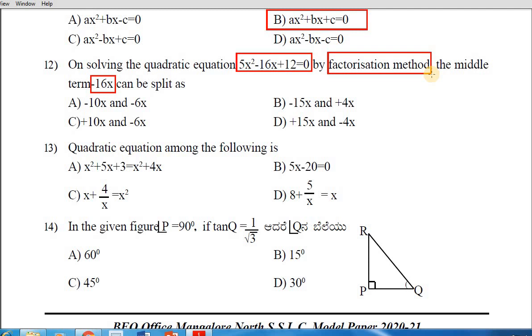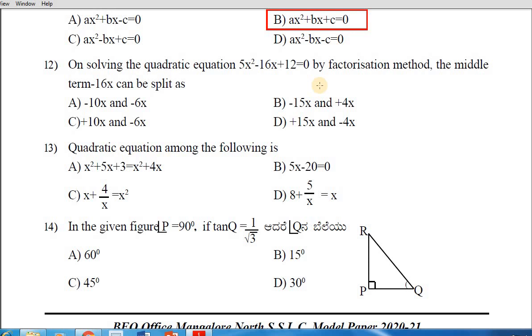To use the factorization method, the first term we wanted to multiply to the last term, isn't it? So 5 multiplied by 12 gives 60x square, because here there is a plus. I got confused and said minus. Yeah, fine. So 5x square multiplied by 12, we get 60x square.